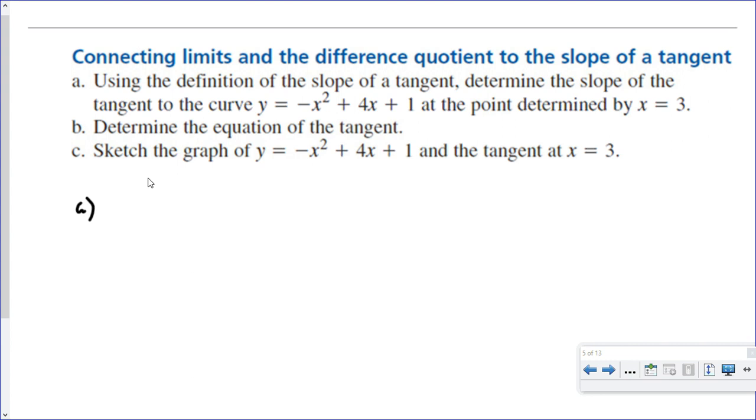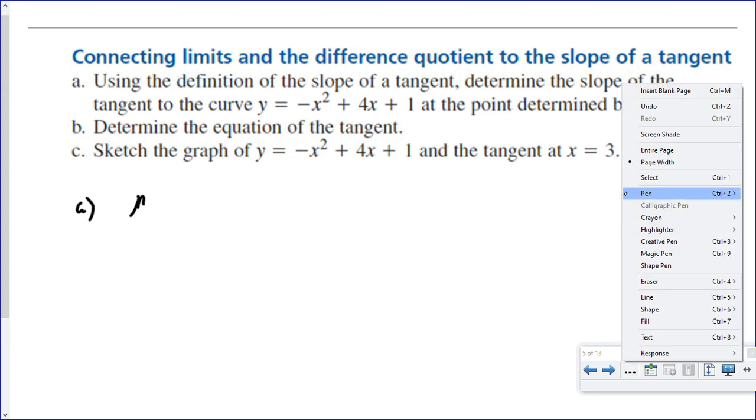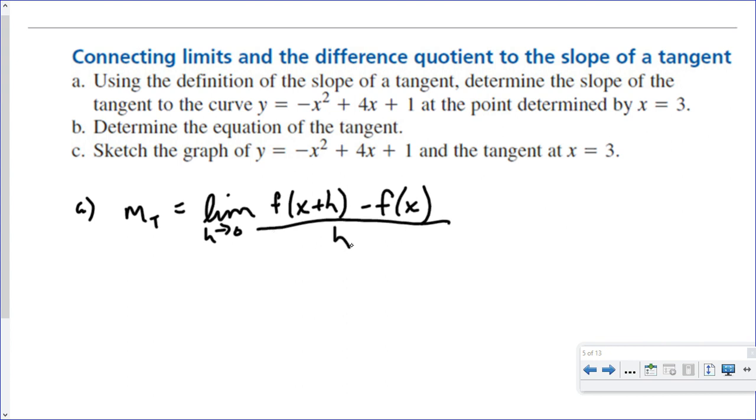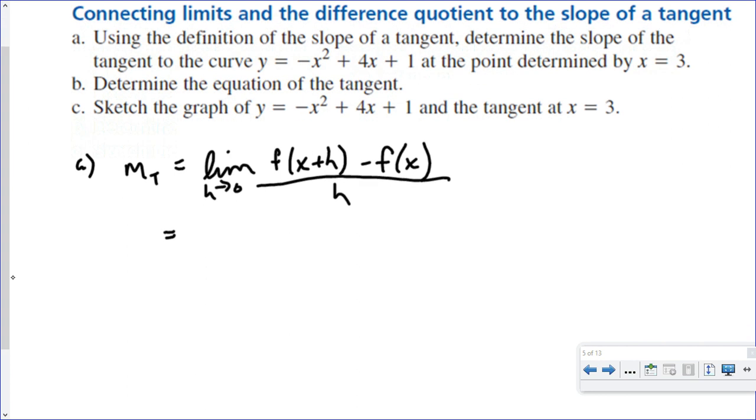I haven't done this one, so I'm going to maybe slowly go through this. So let's apply the function.